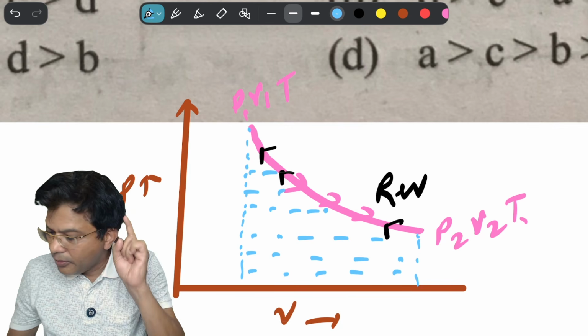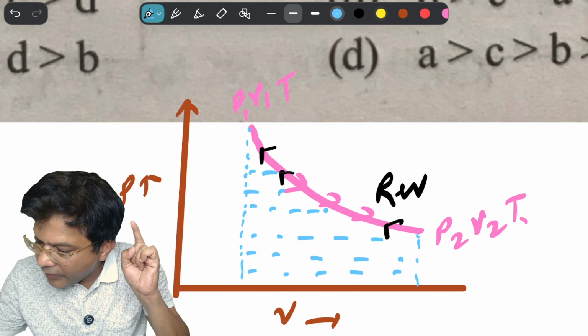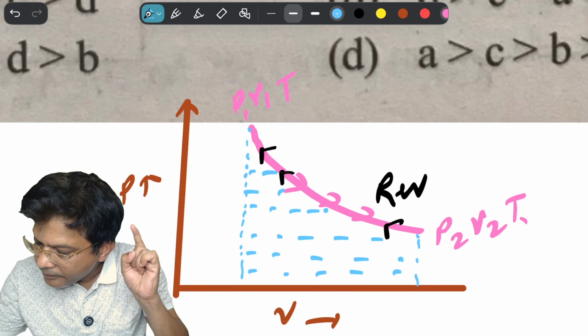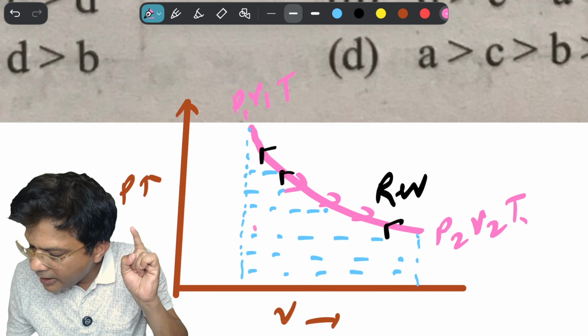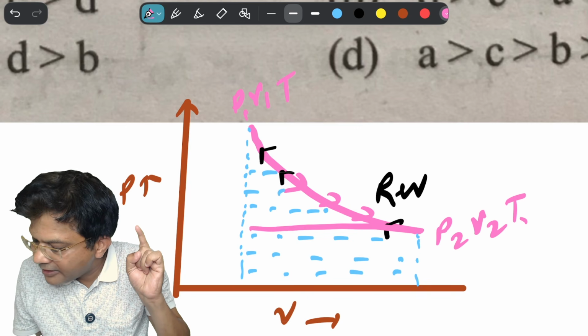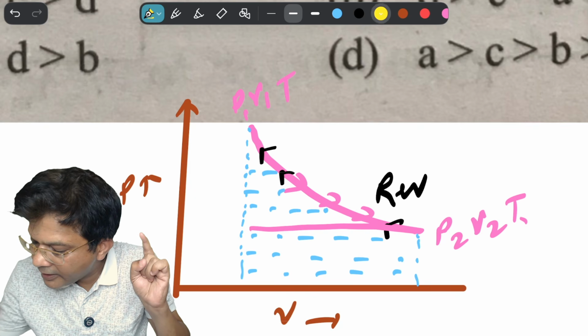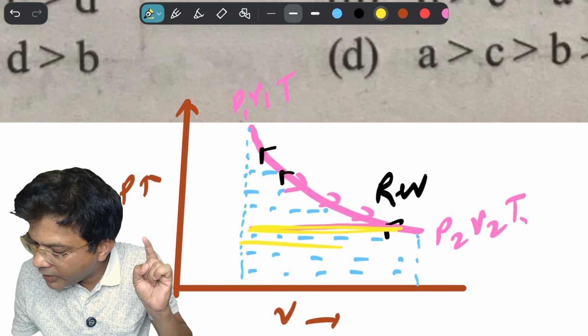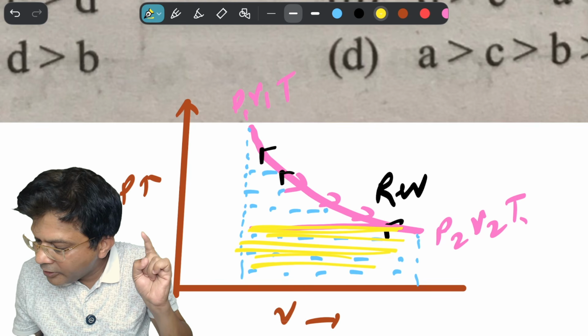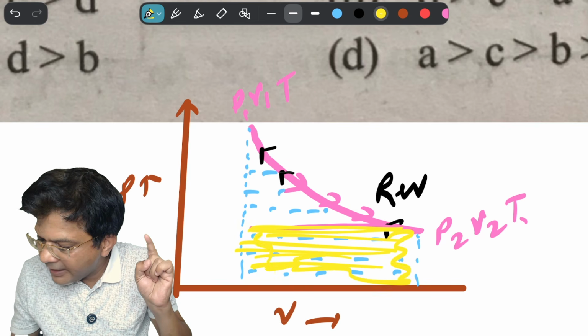Now the work will come only this much during expansion. Let me take another pen so that everyone can understand. This much work is during one go, that means irreversible expansion.